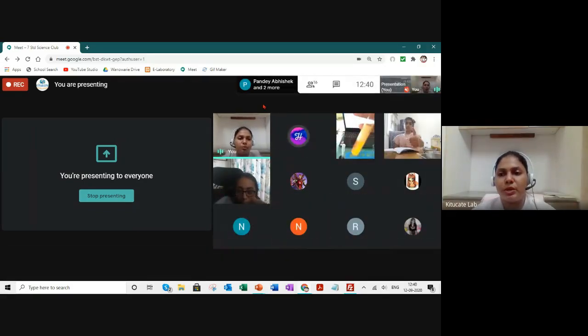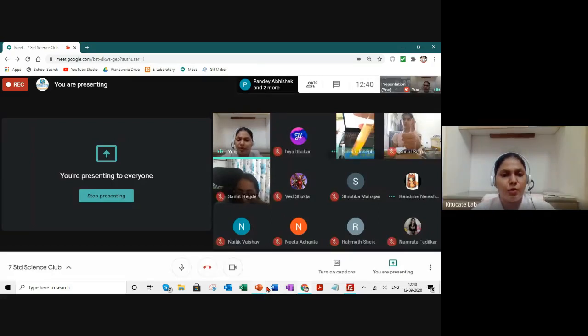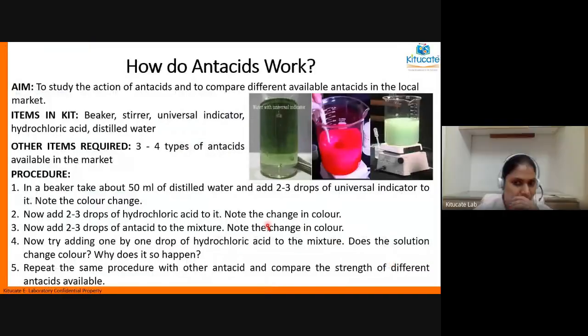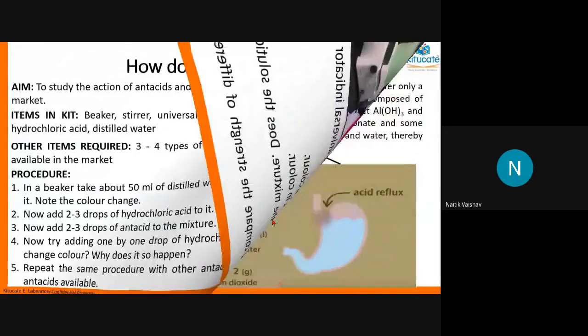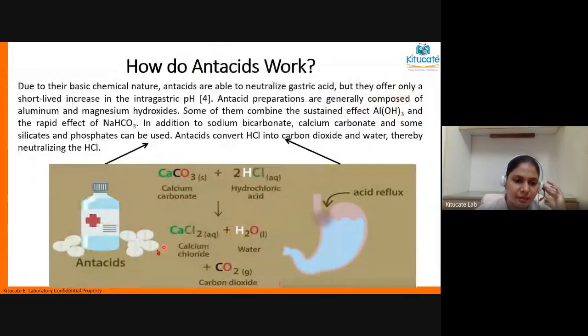How antacids work? Okay, let's go back to the presentation. Now you'll see here that there's a word called acid reflux. Acid reflux is when the acid flows out of your stomach towards your food pipe. In case of acid reflux, we take antacids.